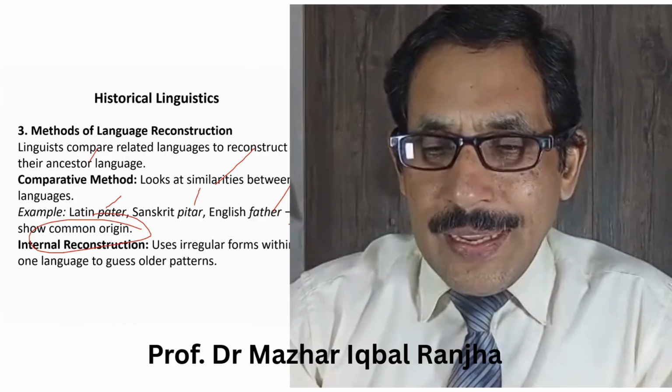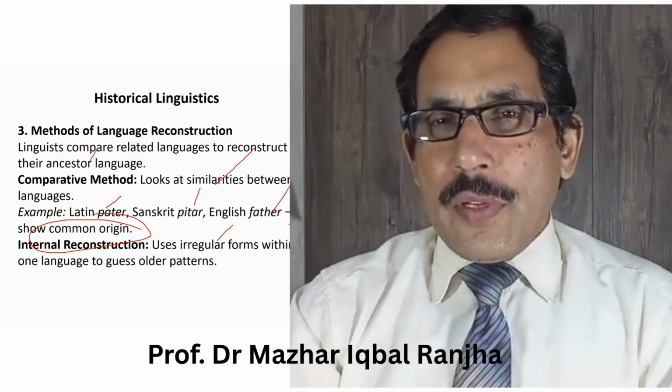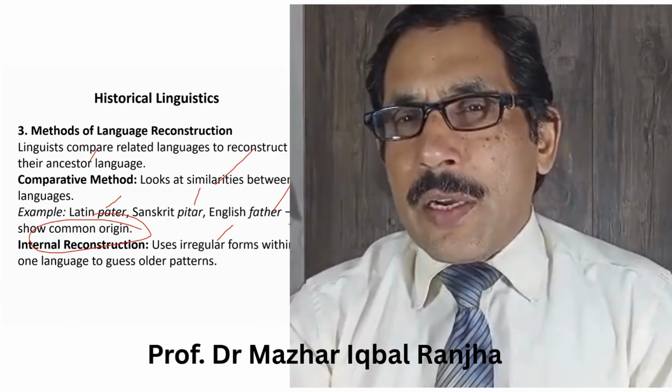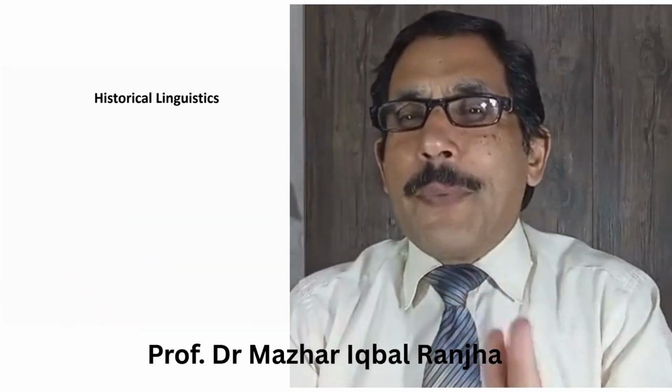The linguist uses irregular forms within one language to guess older patterns. So one pattern is used to identify the previous pattern. These are the two major methods that work in the reconstruction of sounds, word formation, and the syntactic and semantic structure of words and sentences.